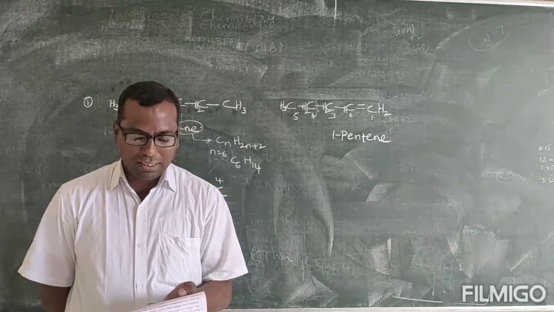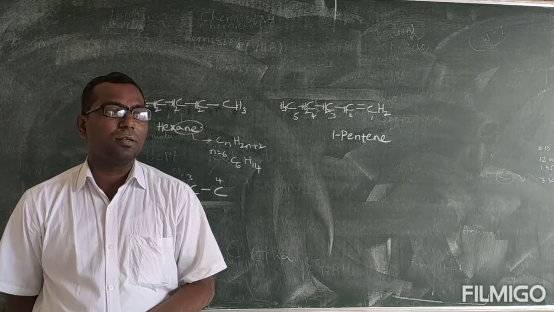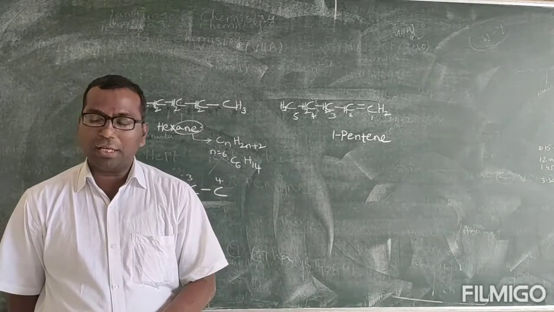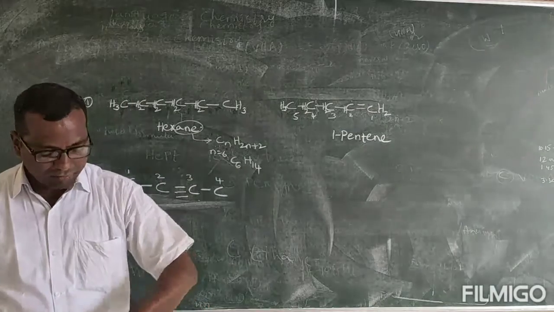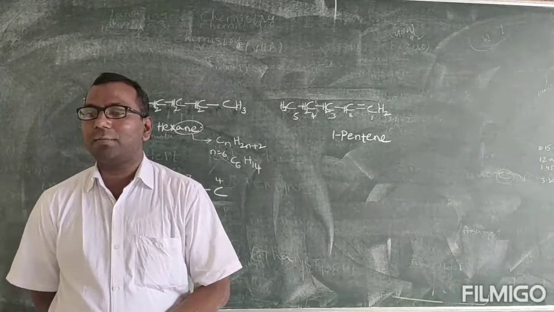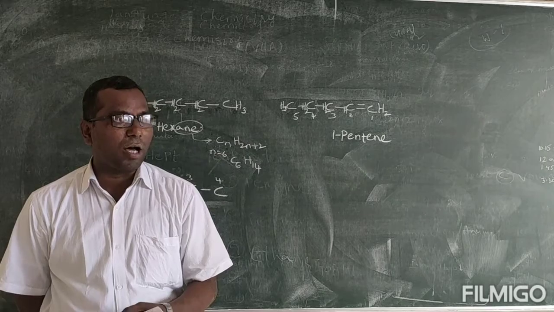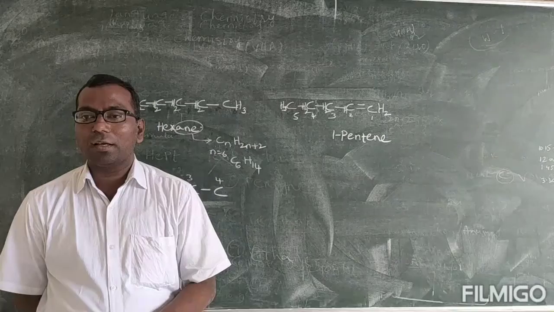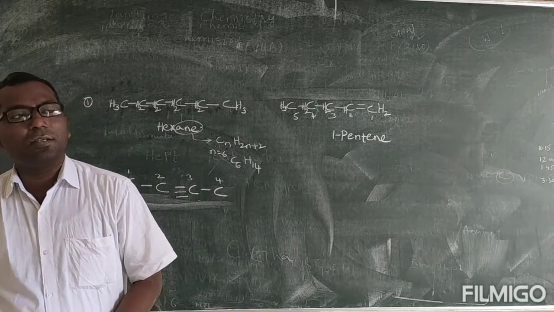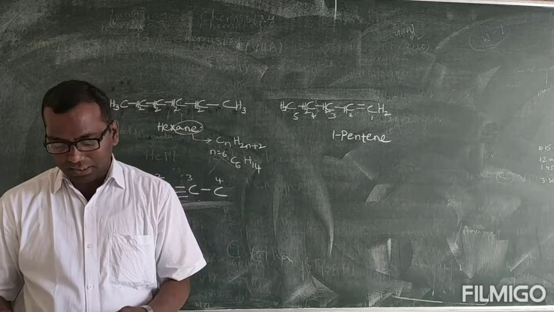The chain is numbered in that direction in which multiple bonded carbon atoms get the least number.